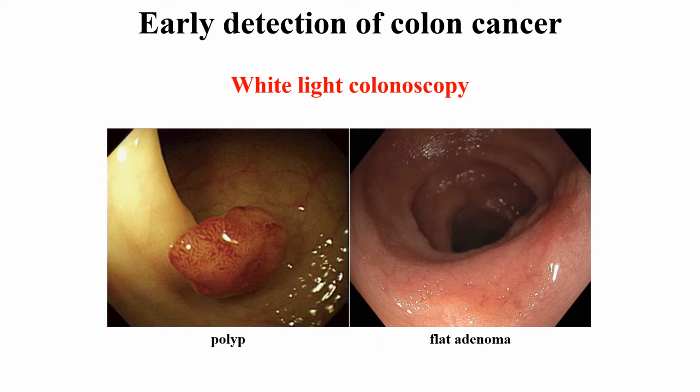However, of increasing interest is the flat adenoma, where the epithelium does not produce polyps, but it's flat but still has molecular and genetic changes that can give rise to colorectal cancer. How do we detect these lesions?